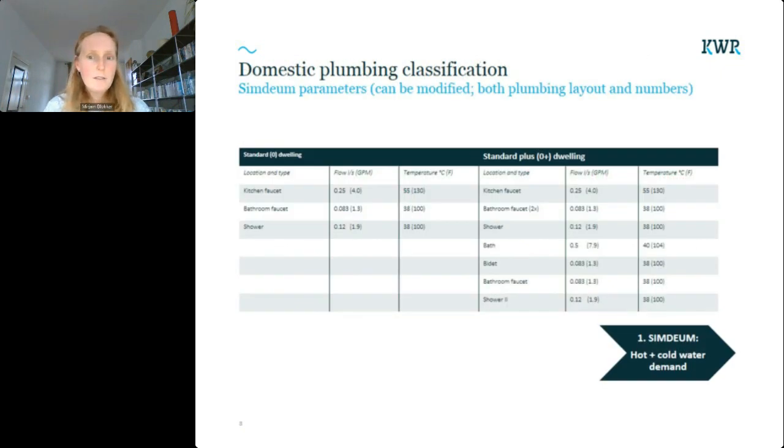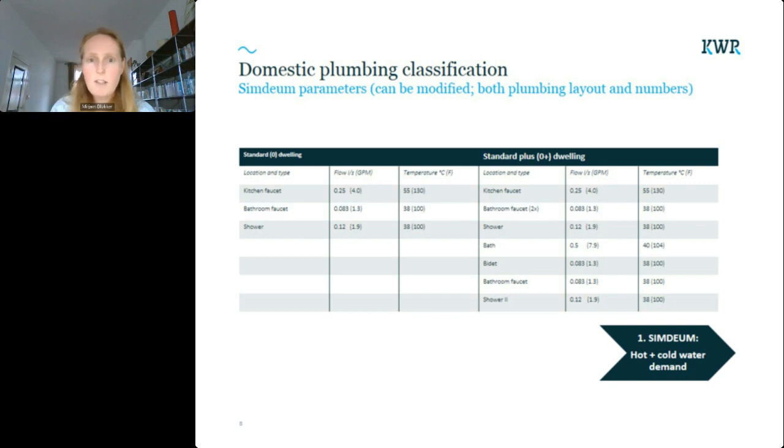We did that for a few different standard households, or houses, I have to say first. A really simple one just has a kitchen and a bathroom faucet and a shower, but not a lot of extra. The more luxury one would also have a bath and a second shower, for example.